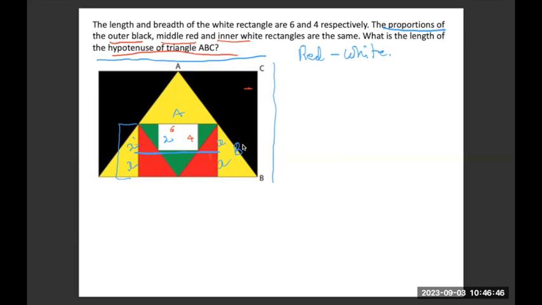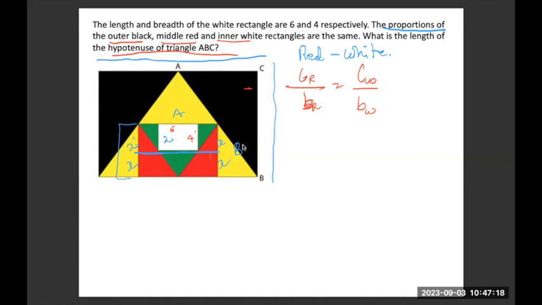So I establish this relationship where I say LR upon BR is equal to LW upon BW, which is length of R upon breadth of R is equal to length of white upon breadth of white, L by B, because they are in proportion.